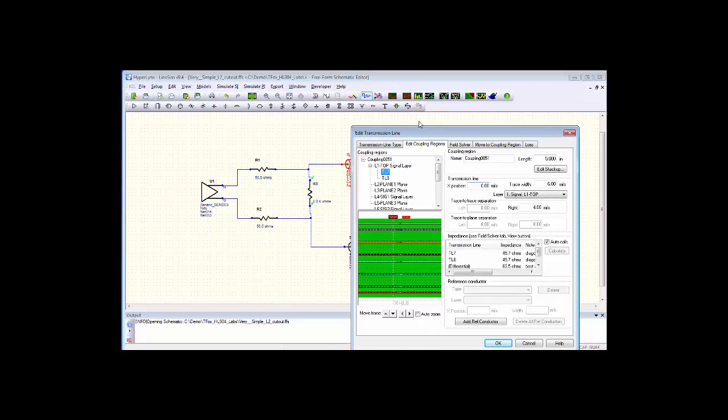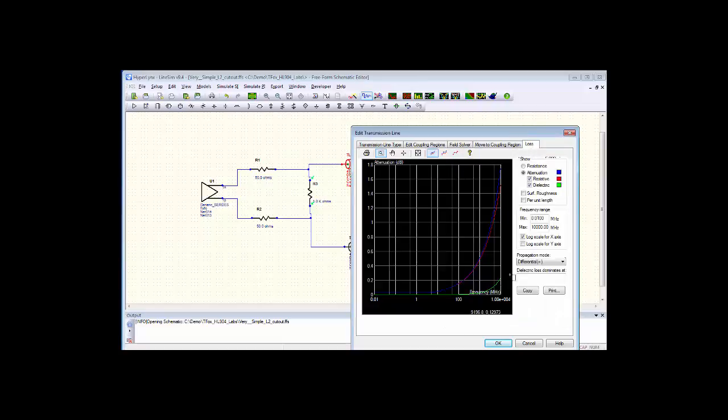The key areas I was looking at were, one, the coupling region, where I'm looking at the trace width, the separation, and the length. If you want to look at the stack-up, you can get it here, or right under setup. Then go over to loss. You can look at the loss numbers there.